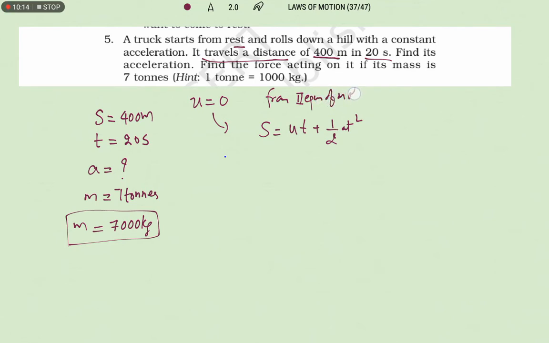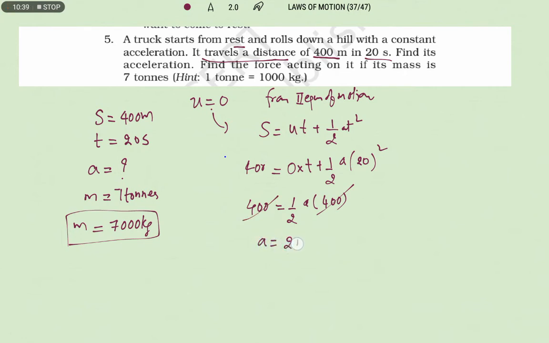So S is 400, it rolls down with 0 speed, so 0 into t plus 1 by 2 a into t square. a is unknown and t is given as 20. So 400 equals 1 by 2 a into 400. 20 square is 400, so 400 and 400 get cancelled. So acceleration is equal to 2 meter per second square.